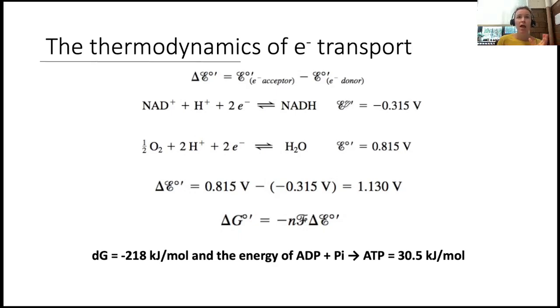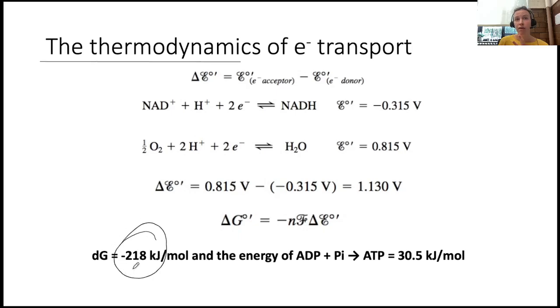Overall, folks, the process of moving electrons through the electron transport chain, starting either at NADH or FADH2 and moving eventually to oxygen to form water, releases a lot of energy, about 218 kilojoules per mole. So we have a lot of energy being released here.